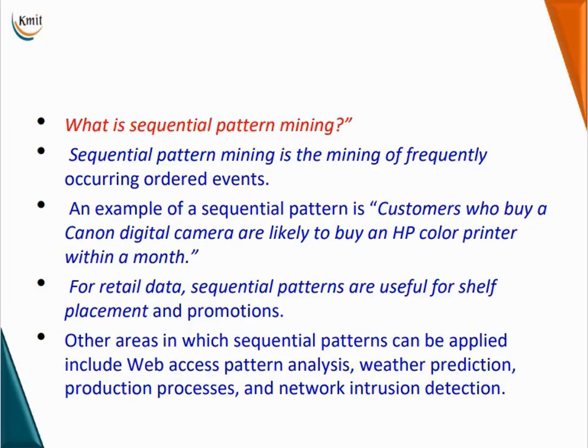Next, sequential pattern mining. What is sequential pattern mining? Sequential pattern mining is the mining of frequently occurring ordered events. For example, a customer who buys a Canon digital camera is likely to buy an HP color printer within a month.